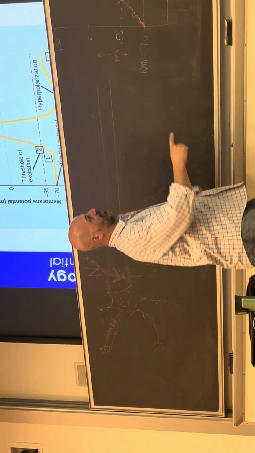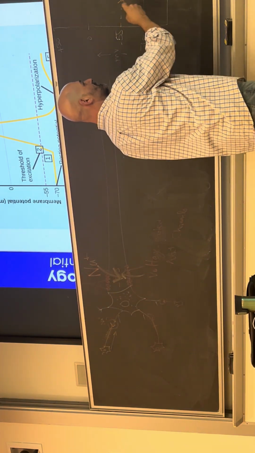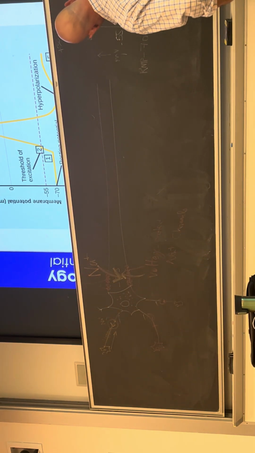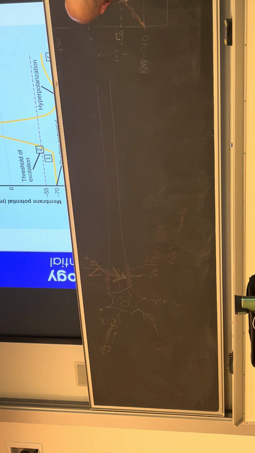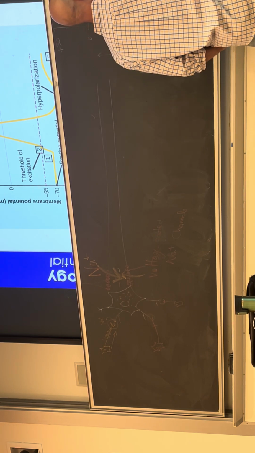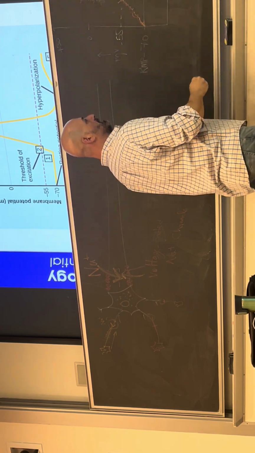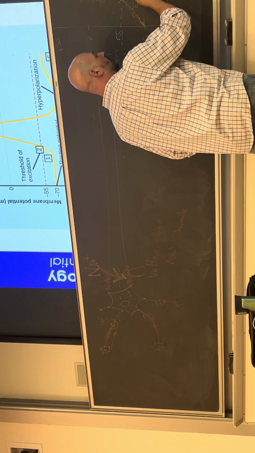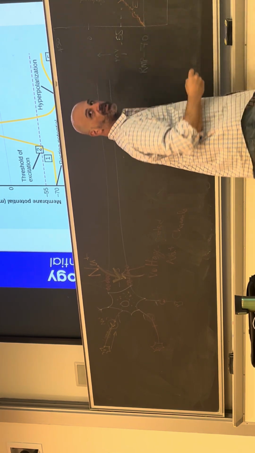What does that look like? It looks like this. Okay, so first of all, we call this depolarization, going up. And let's label it. Up here, this is the action potential. These, by the way, are called excitatory postsynaptic potentials, EPSPs, right?